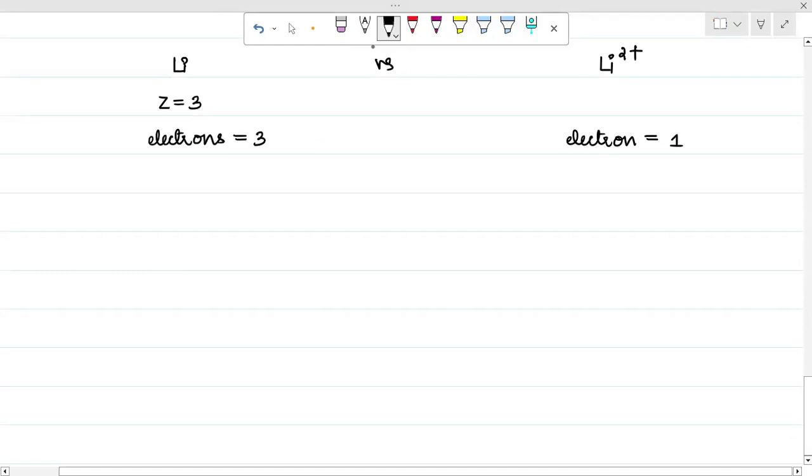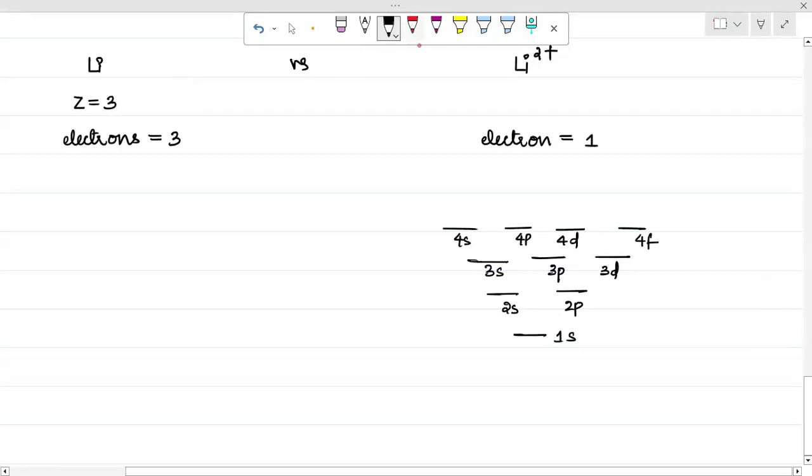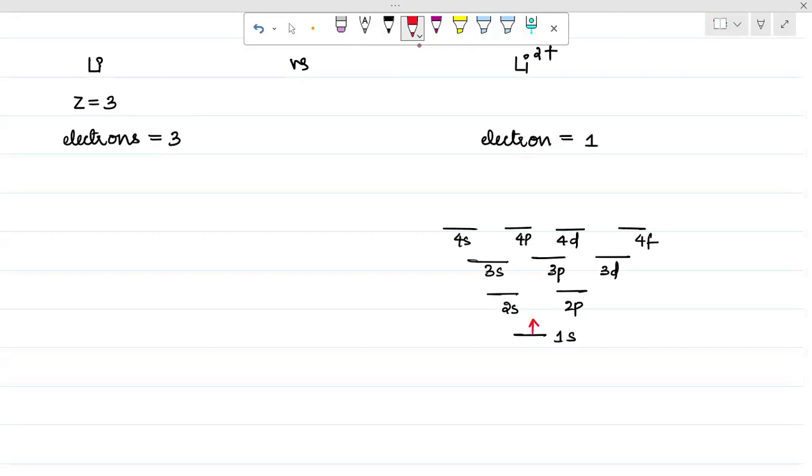The moment you have only one electron, the way you fill it is: you have 1s, 2s, 2p, 3s, 3p, 3d, 4s, 4p, 4d, 4f. I have only one electron, so I'll fill it here in the ground state.